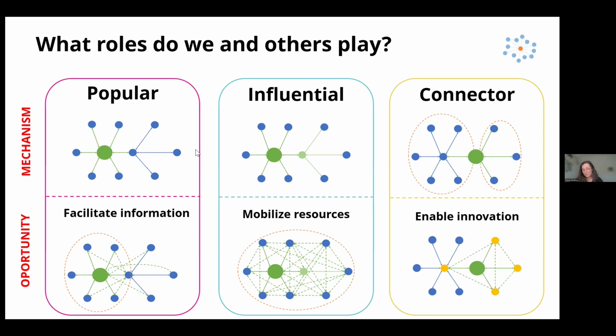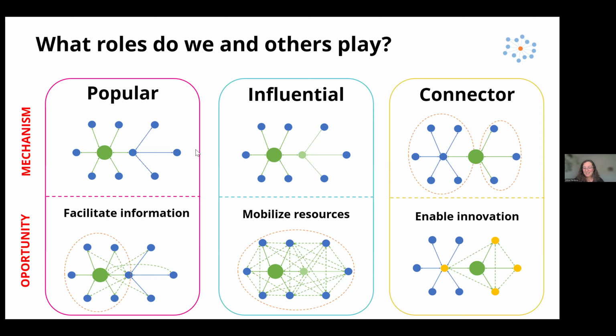And then finally, the connectors can enable innovation by the fact that they see what happens to the left and what happens to the right, and they have the agency, if they're aware of it, to bring together this information in perhaps a novel way, or to just facilitate other people coming together or other organizations coming together doing things. Now, if you think about your own lives, I'm pretty sure that professionally, at least, we are playing these roles a lot of times.